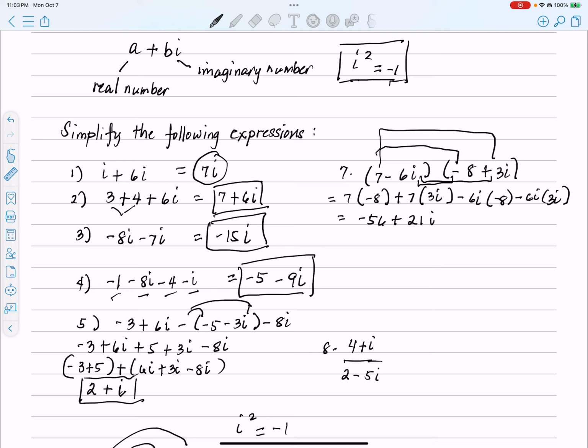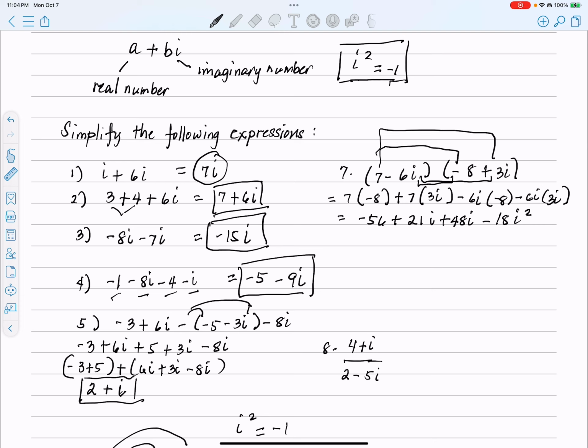Negative 6 times negative 8, that is 48i. Then negative 6 times 3, that is negative 18i times i, that is i squared.